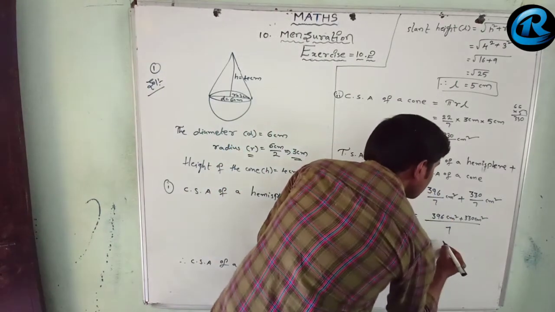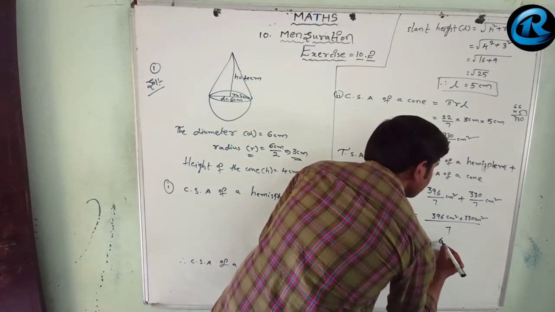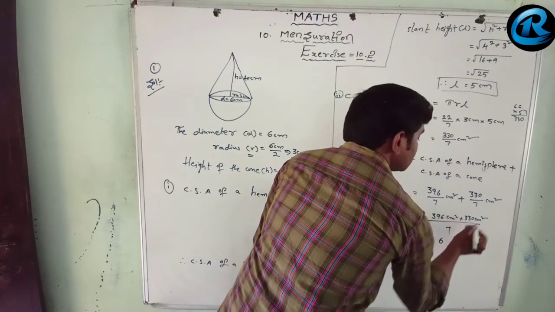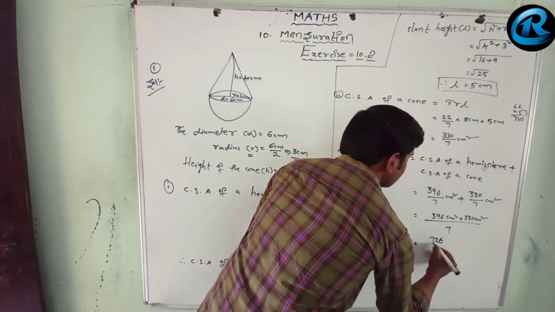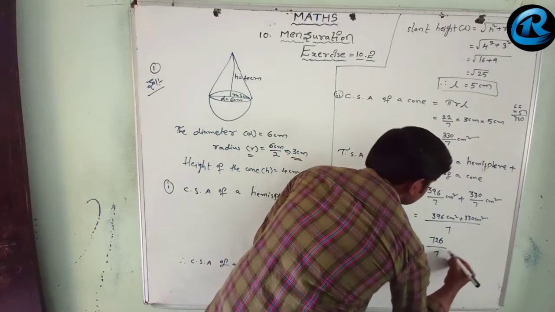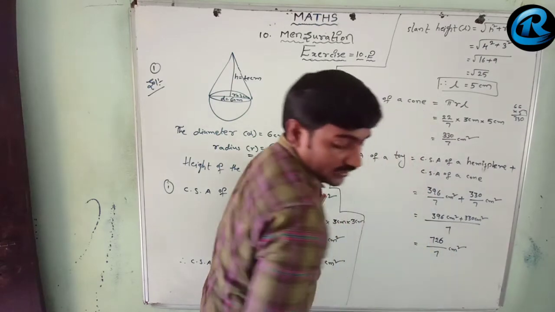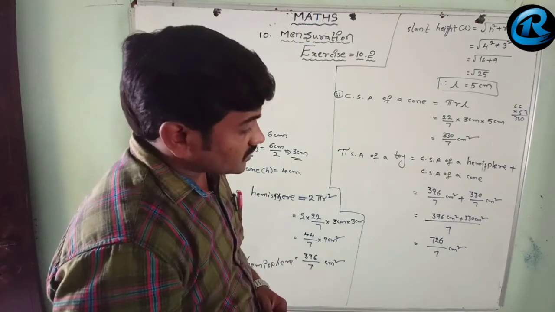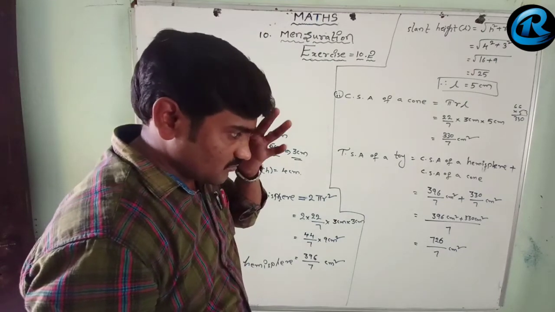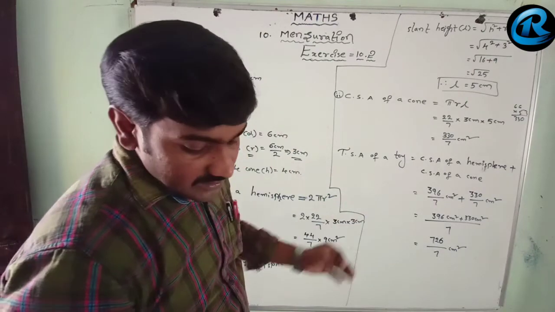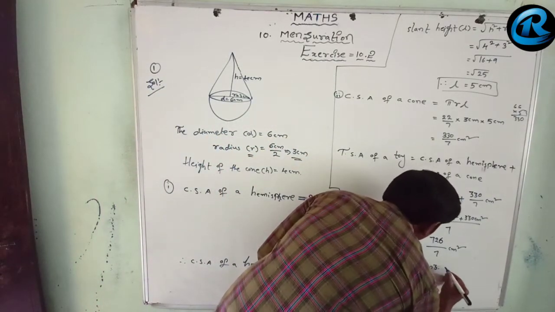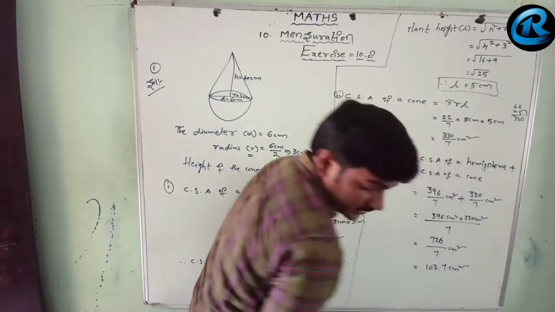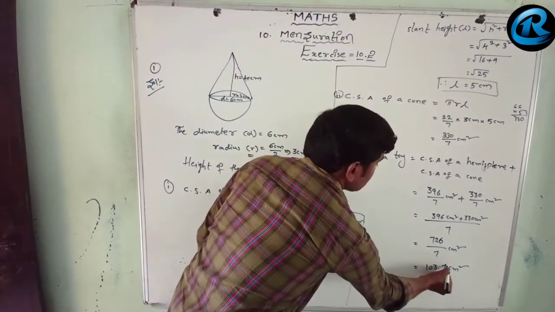6 plus 0 is 6 and 9 plus 3 is 12. 1 carry, 3 plus 3 is 6, plus 1 is 7. So 726 by 7 centimeter square. Dividing by 7, we get approximately 103.71 centimeter square.